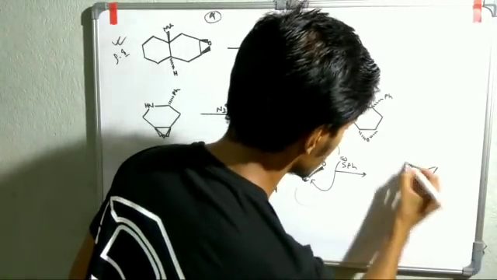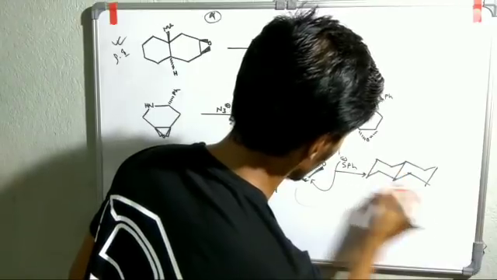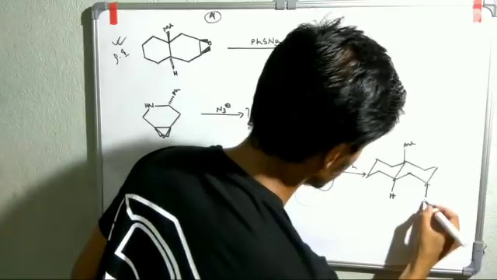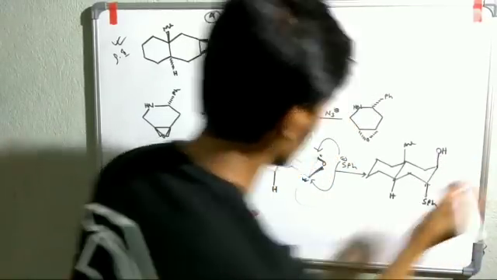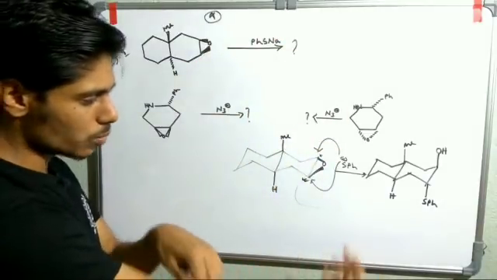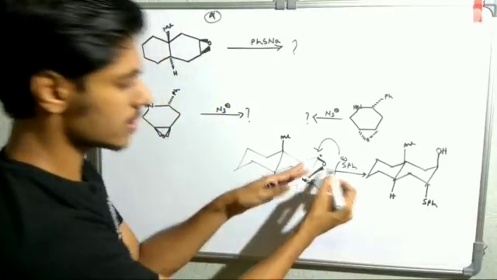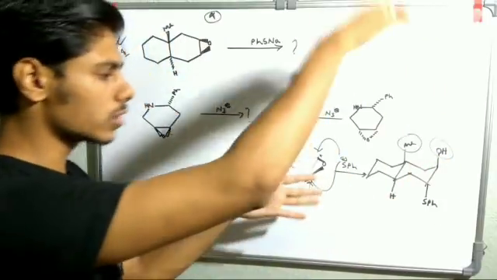So in this case the product will be like this. So here you have the methyl group, here you have the hydrogen, and your SPh is attacking here. So your OH will go here, because you can see this oxygen is above the plane, right? So the attack has to be from below the plane. So your SPh is attacking from here and it is coming above the plane. So your OH and your methyl both are above the plane.